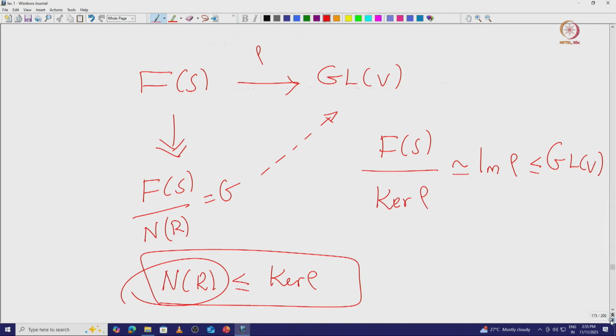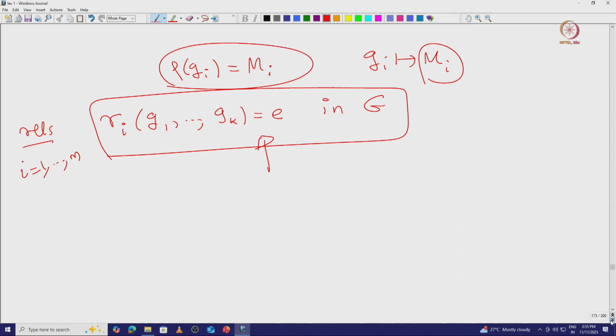So, this condition, N(R) contained in the kernel of rho, is equivalent to saying that when I take this relation R_i and substitute M_1 etcetera M_k, we should get the relations inside G.